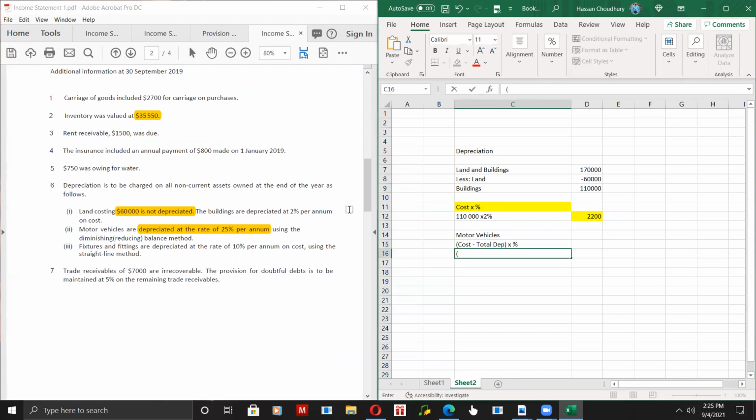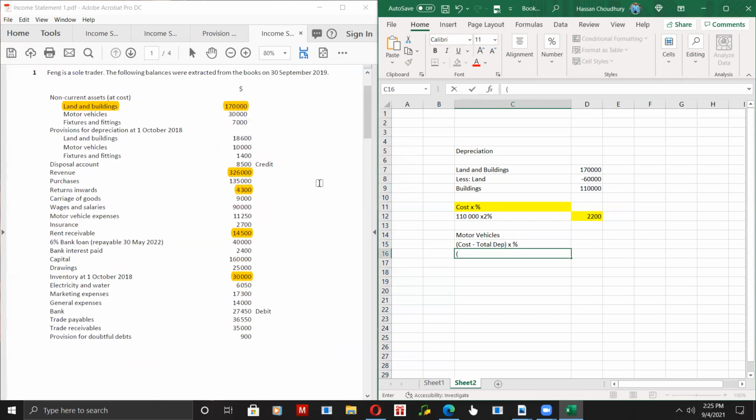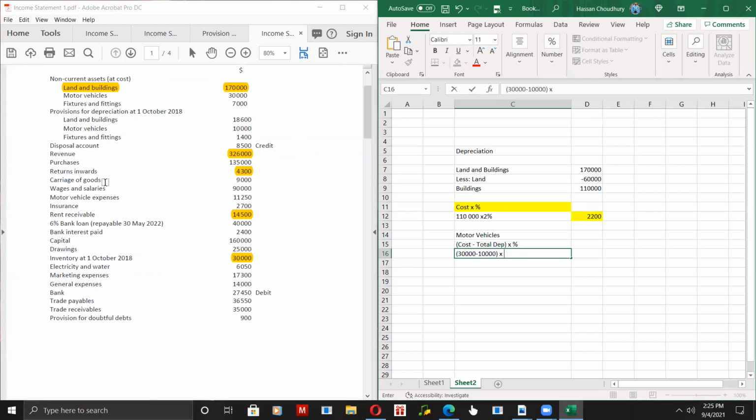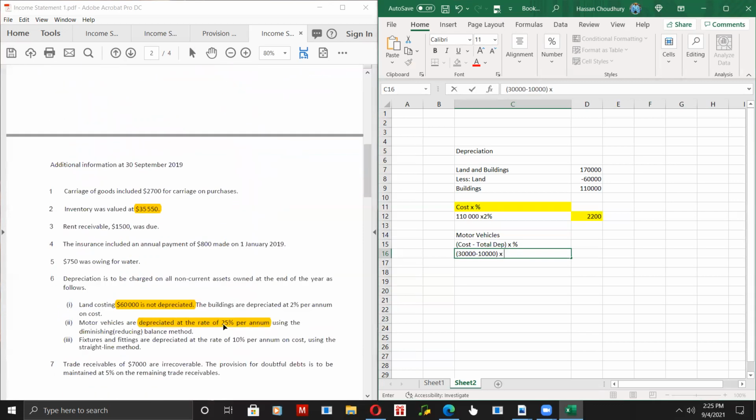So in this case, what's the cost value of the asset? The cost value is 30,000 minus total depreciation of 10,000 into, I think it's 25%. Yeah, 25%.